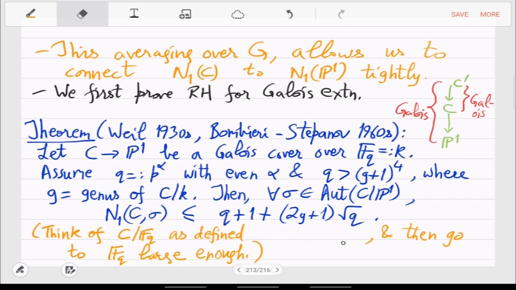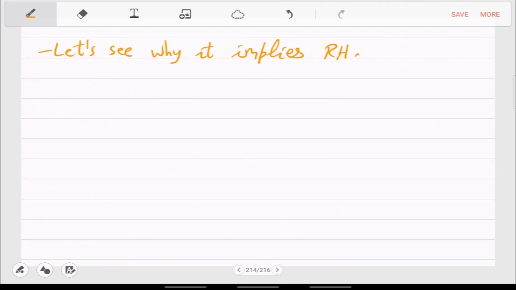So this is the tower: Fp contained in Fq prime contained in Fq. These are potentially the three fields, but we'll only be interested in the last one, that's K. So let's see why it implies the Riemann hypothesis.